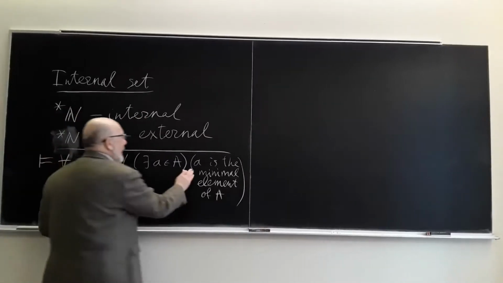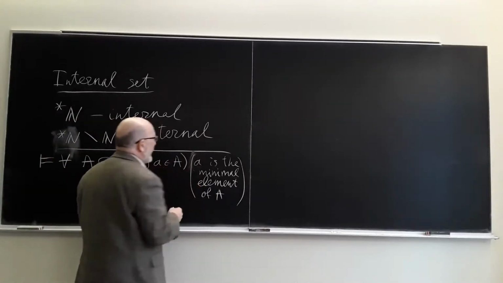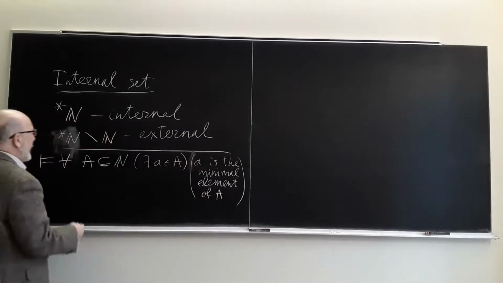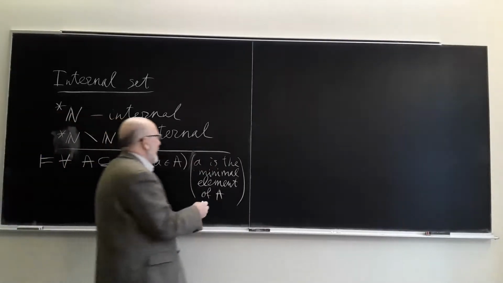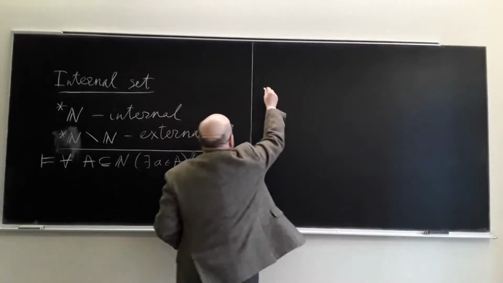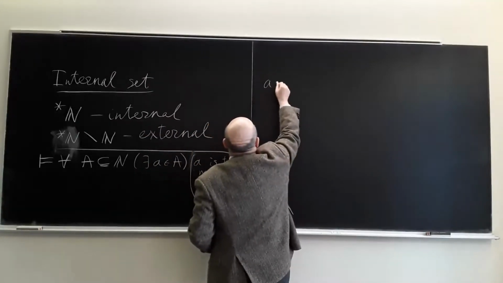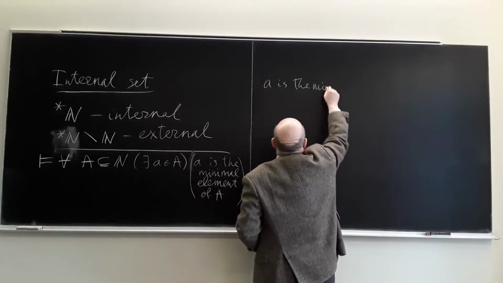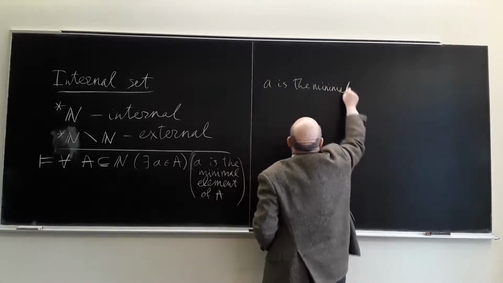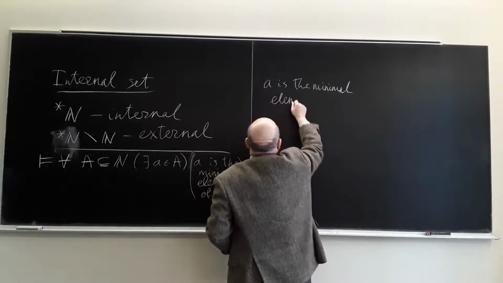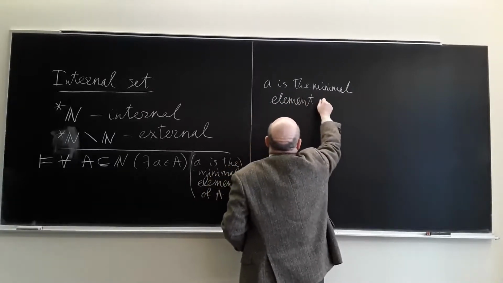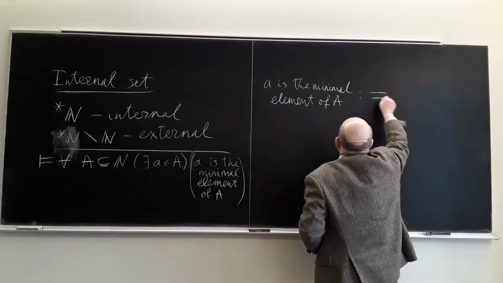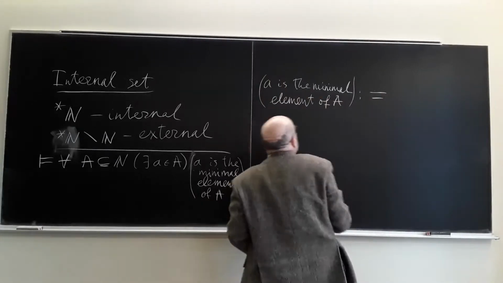Now, what I write here is the shortcut for the following. a is the minimal element of A. Let me put it in brackets.